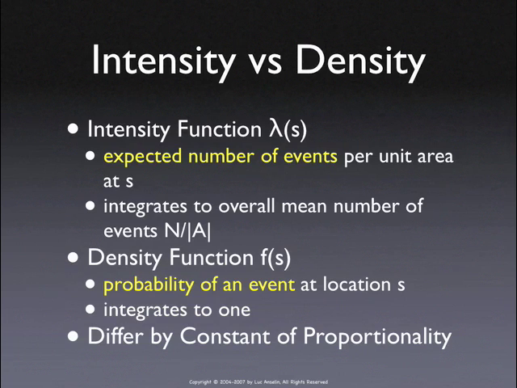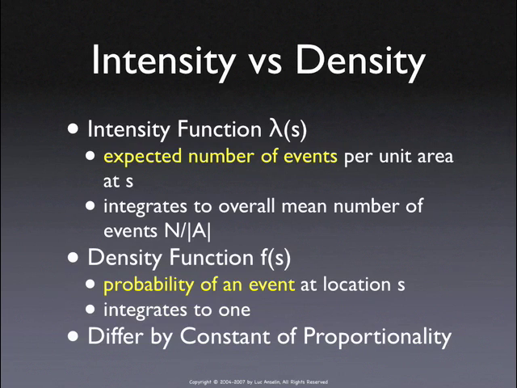So conceptually, we're looking at the limit of the number of points in an infinitely small area. Now, from a practical point of view, if your area is too small, there's not going to be anything there, right? But it's a mathematical tool to approximate the continuity of the phenomenon. And so if we're looking at the number of events, and we try to fit the surface of the expected number of events, we'll call it intensity.